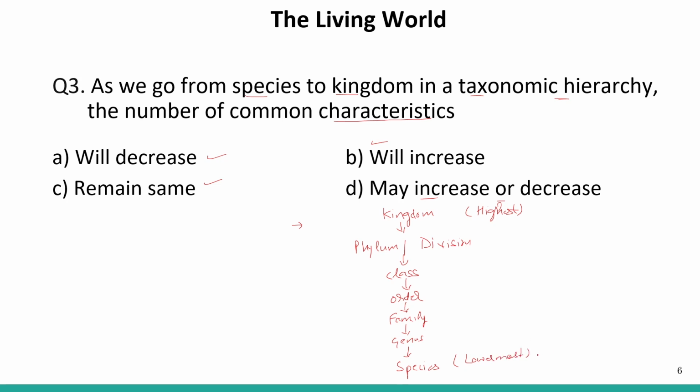And it is very specific, meaning specificity increases as we go down. Whereas for kingdom, if we go up from species to kingdom, this becomes less specific, meaning it becomes more diverse.